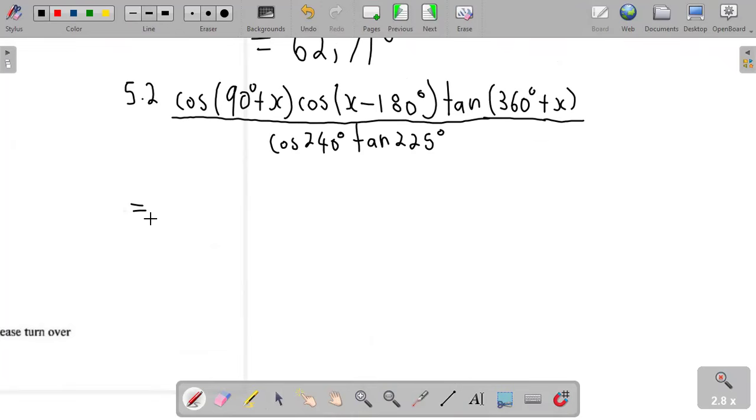Okay, so cos(90° + x) is going to give us a co-function, isn't it?